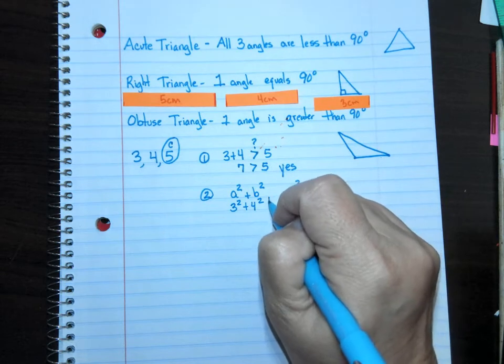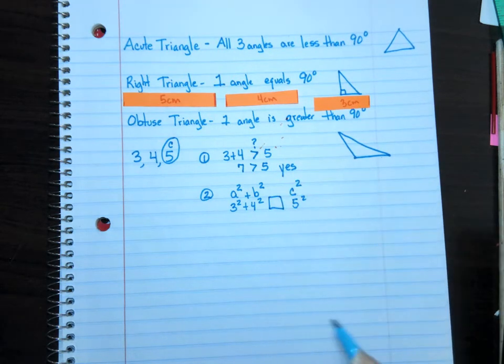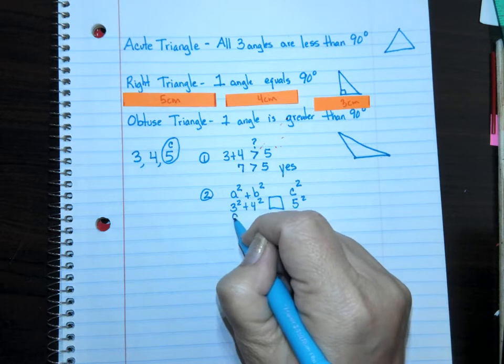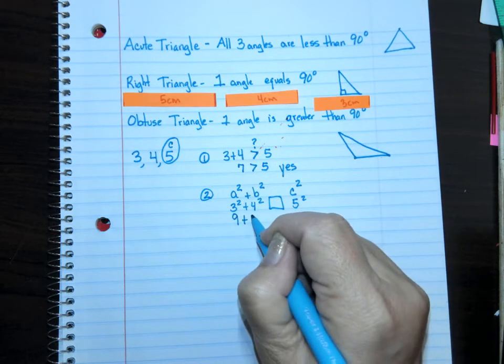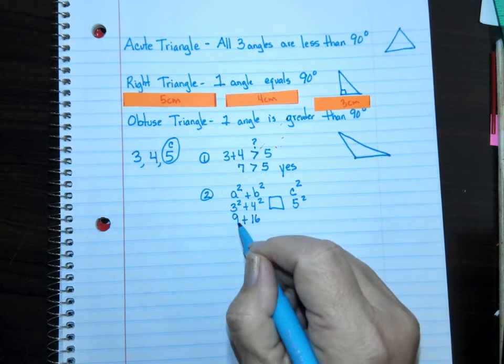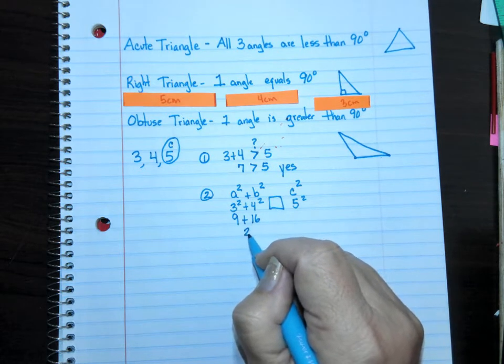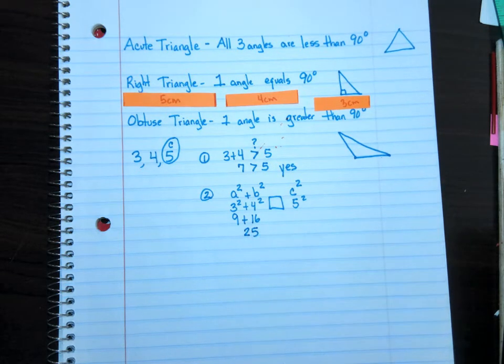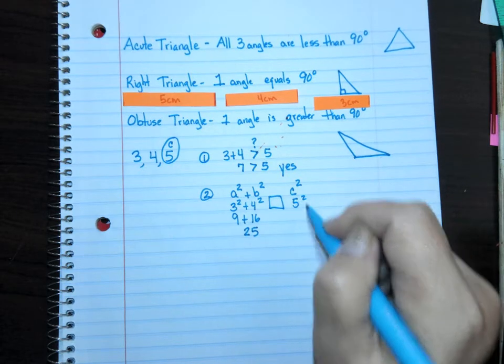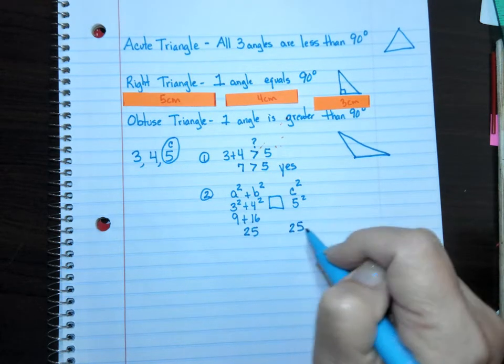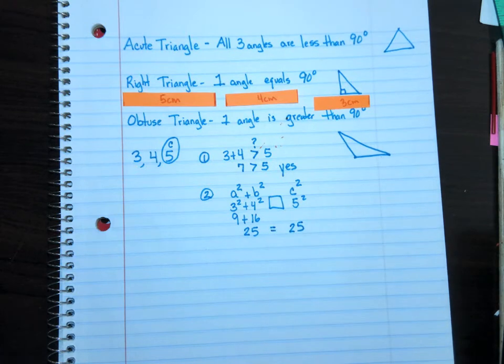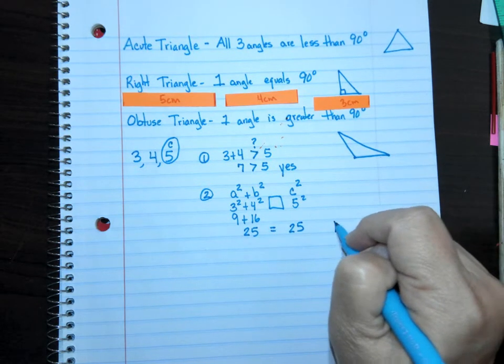And I'm trying to find out: are these equal? Are the legs squared bigger, or is the hypotenuse squared bigger? So if I do 3 squared, that's 9, and 4 squared is 16, and 9 added with 16 is 25. And then I do 5 squared, and that's 25. And so if they come out equal to each other, then this is a right triangle.